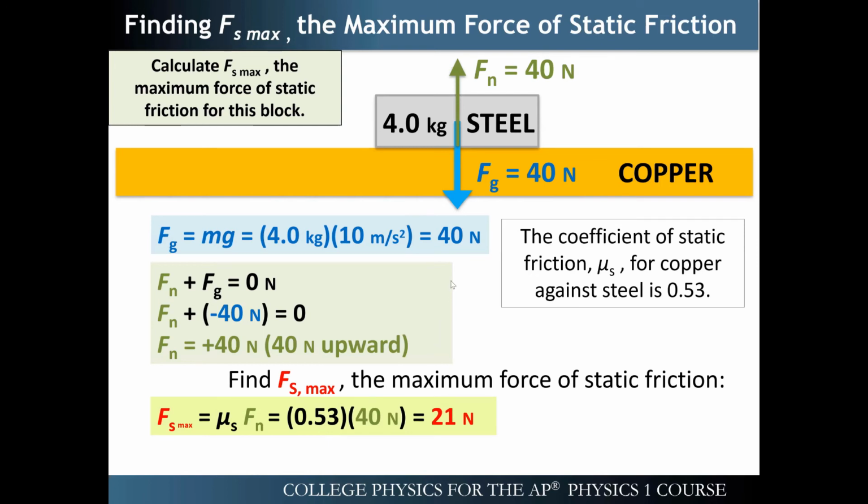If you use 9.81 or 9.8, you get a slightly different value for a couple of these steps. But if we look at the sig figs, the coefficient of friction has 2, and the 4.0 kilograms also has 2. So if we were following the sig fig rules strictly, it would be 21 newtons.